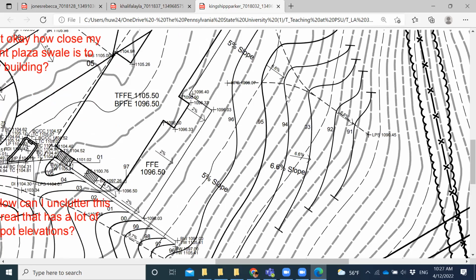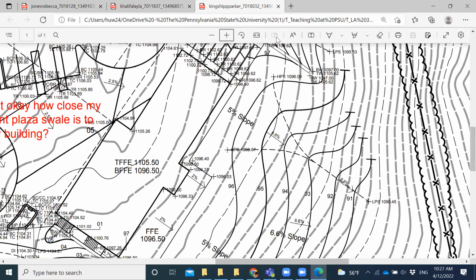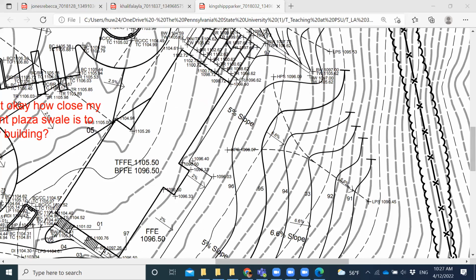Okay, so the plaza, I think you can extend your plaza to this place because you run down the ramp and you're expecting the space to open up, right? So you could extend the plaza to this area. Yeah, I think that's probably okay there.